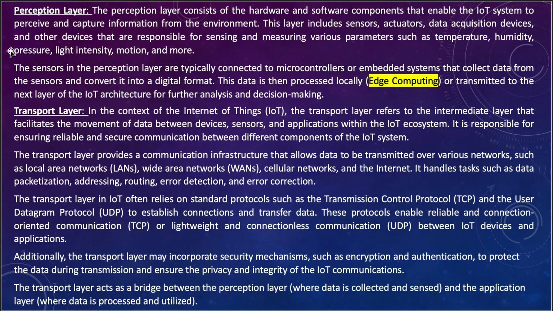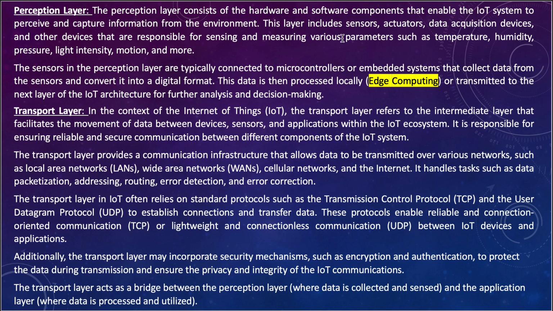So first we will be starting from the perception layer. The perception layer consists of the hardware and software components that enable the IoT system to perceive and capture information from the environment.